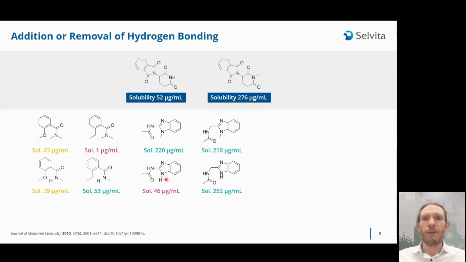But if we have NH here, then the introduction or removal of the methylene group strongly affects solubility, because in the left-hand case, we have a strong intramolecular hydrogen bond which stabilizes this closed conformation, thus providing lower exposure to the hydrophilic environment of water and lower solubility.